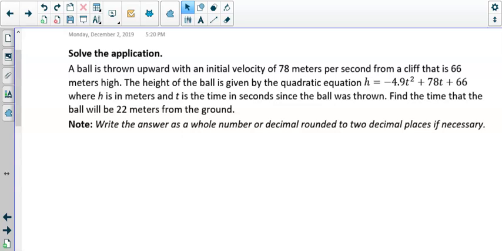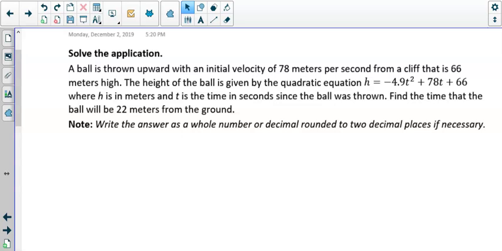So it says find the time that the ball will be 22 meters from the ground. So who are we looking for, T or H? It says find the time. You're looking for T. So that means they're telling you who H is.